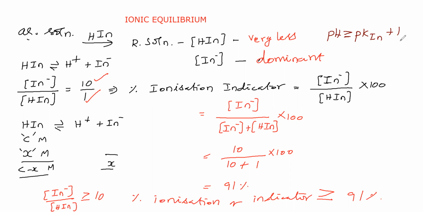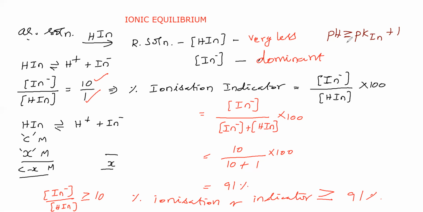So what is the conclusion we got? The resultant solution will exhibit the In minus form of color if the pH of the aqueous solution is greater than or equal to pK indicator plus 1. Okay, this is the conclusion.